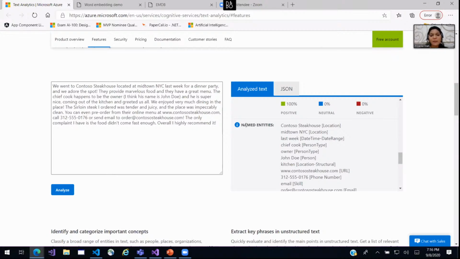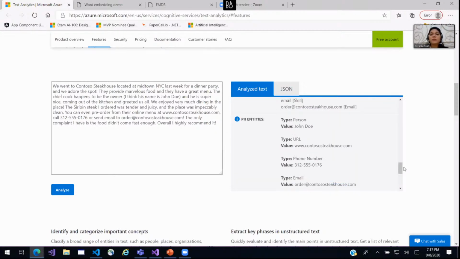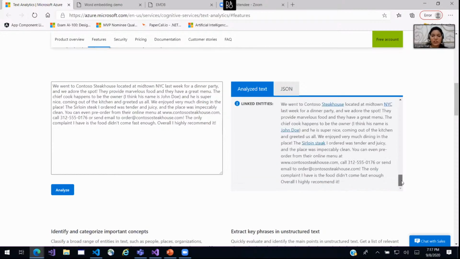Those are identifiable skills, so it gives those as named entities. It will also give some contextual information about those entities, for example, this is a type of URL, or this is a type of email address, this is a phone number, this could be a geographical location, and stuff like that.